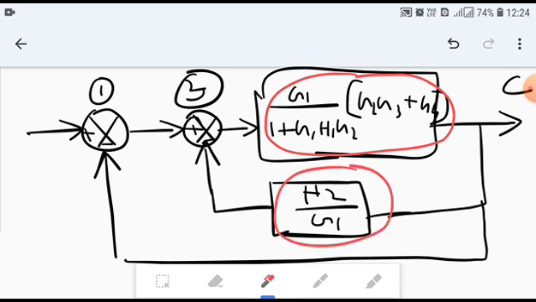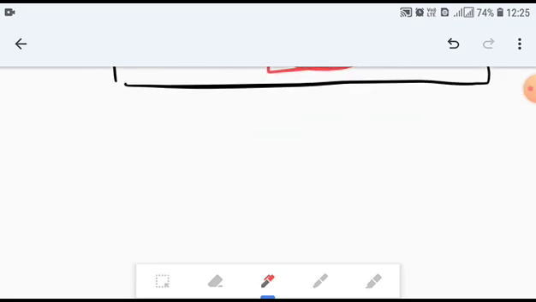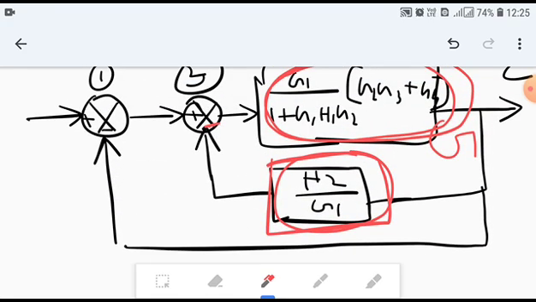So this complete block which I am circling here, you can take it as capital G. To that capital G, this H2 by G1 is in negative feedback. So we can combine these two blocks using the rule number 10, and we can write it as a single block, and summing point 3 is also going to vanish.